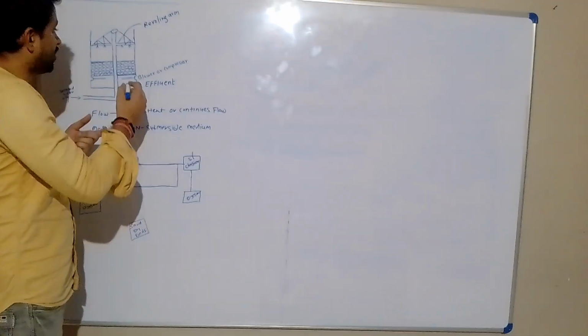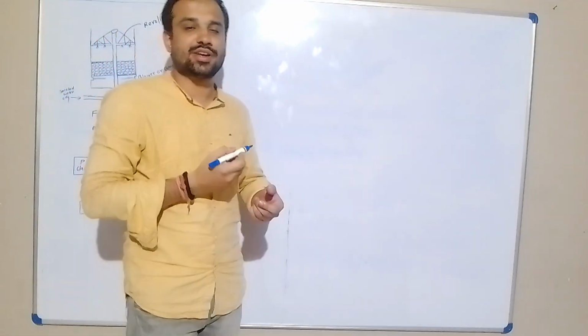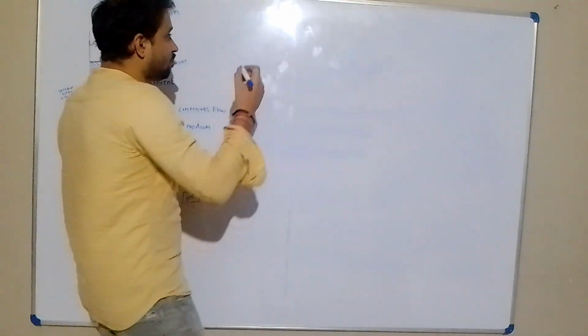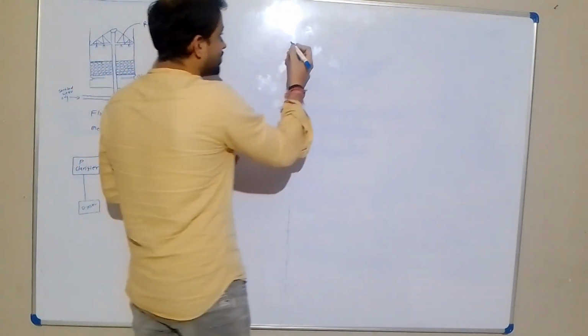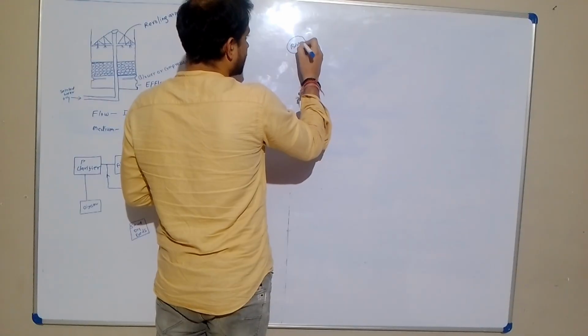The growth of the biomass layer takes place on the media, which is inert material provided in a trickling filter. The biomass layer is formed over this media. So this is the biomass layer.